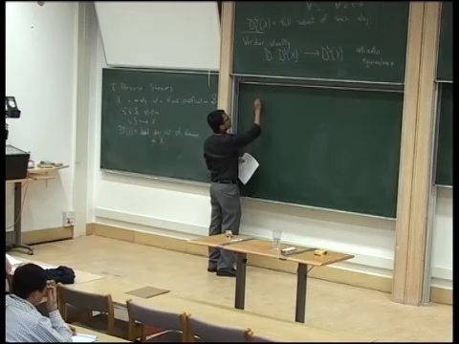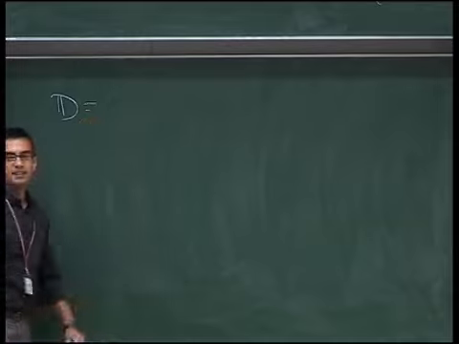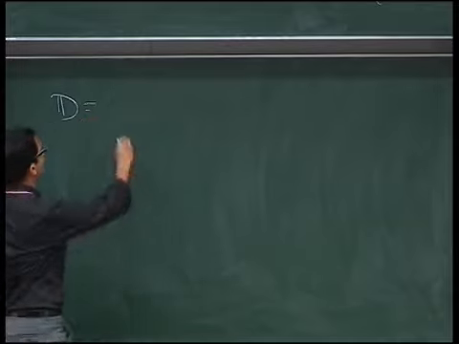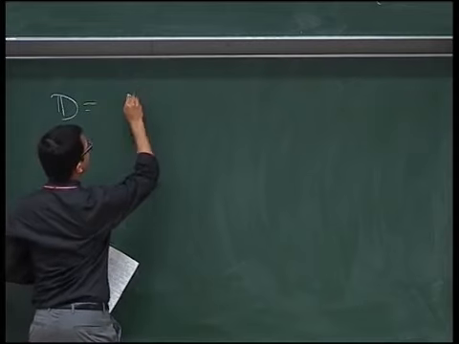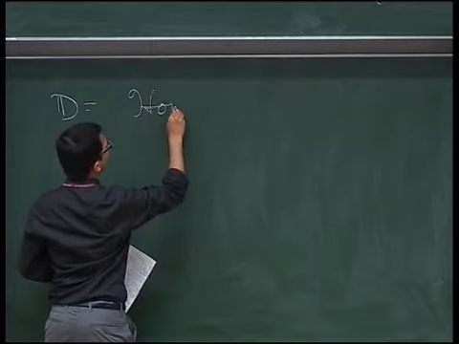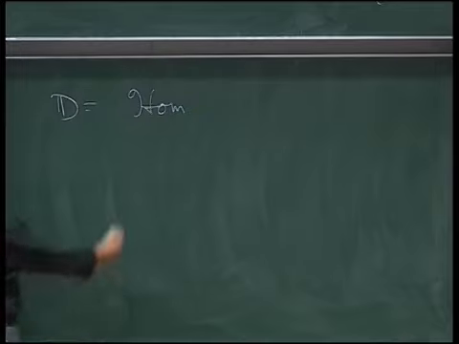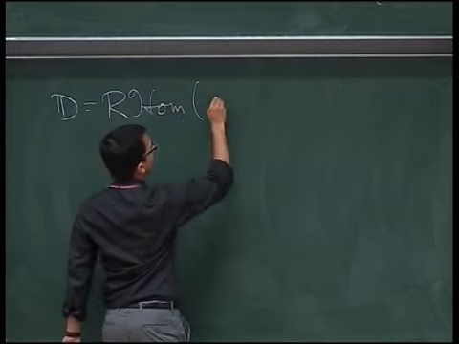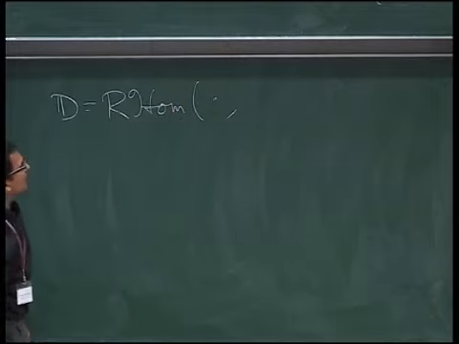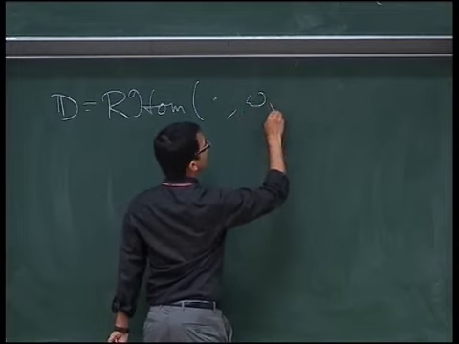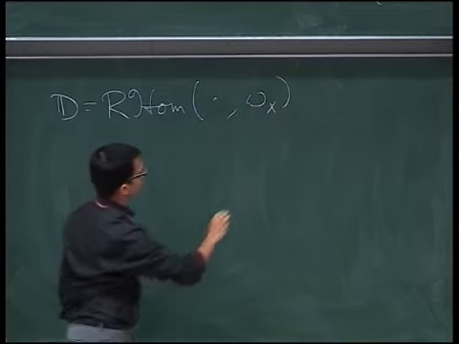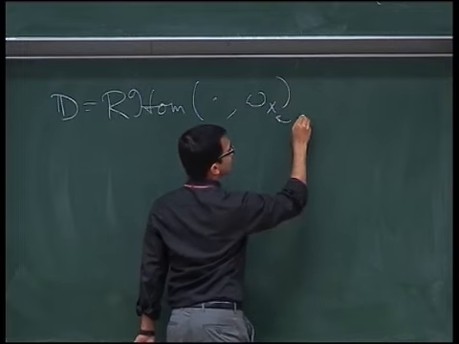And well, dual of a vector space, that's the operation of taking Hom into the ground field. And we're going to do the same thing here, except it has to be sheaf Hom, and it's in the derived category, so it's sheaf RHom. And it's not maps into the ground field, but into the dualizing complex, which I'll denote by omega X.